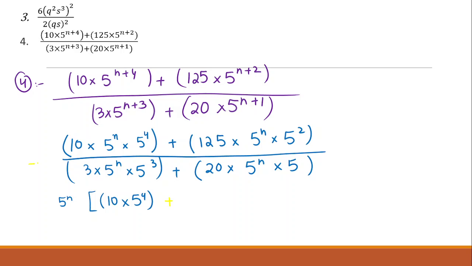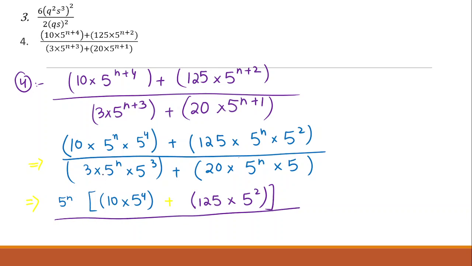Similarly, 125 multiplied by 5 to the power 2, and there is a whole square bracket. And this whole is being divided by this thing.